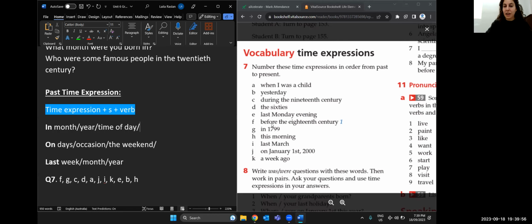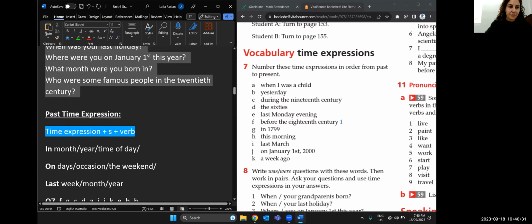So imagine a week ago from now, before the 18th century, in 1799, this morning, last March, on January the 1st, 2000, a week ago. Number them from 1 to 11, starting with the time expression that's oldest to most recent. I'll give you a moment to do that one.